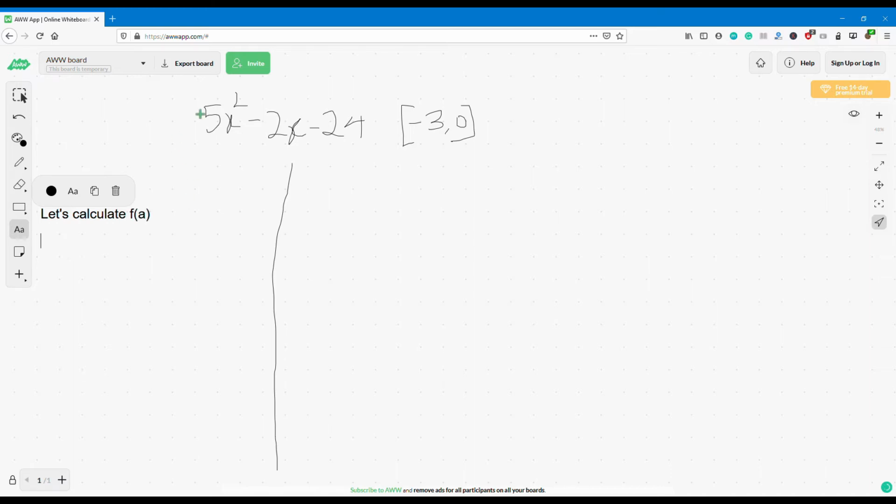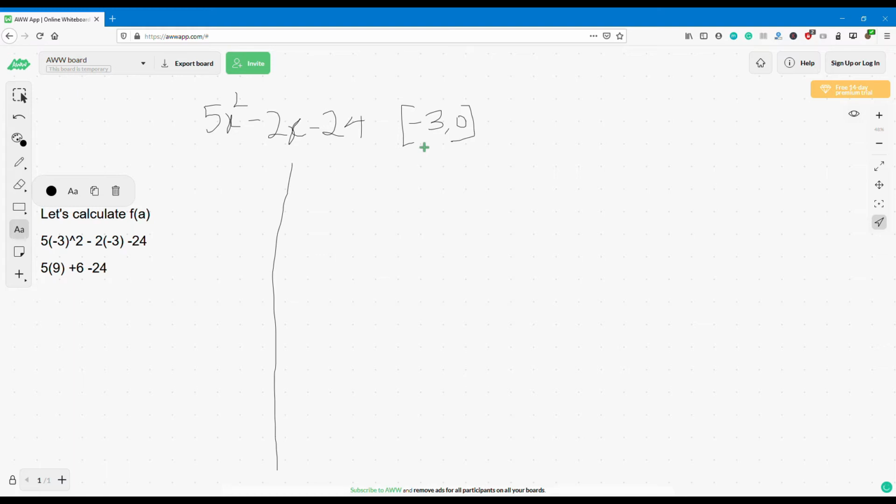So f of a is going to be 5 times a squared, and a here is -3, so 5 times -3 squared, minus 2 times -3, minus 24. -3 squared is going to be 9, so that is 5 times 9, plus 6, minus 24.